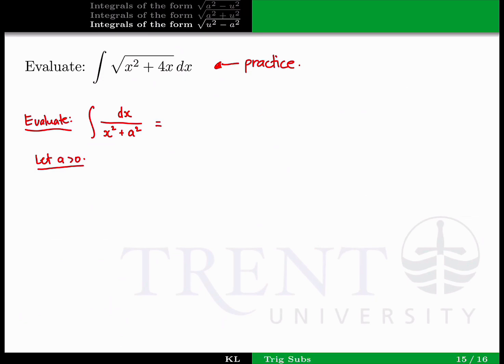So we will have here x is equal to a tangent theta. x squared, this is a squared tangent squared theta, and we will have x squared plus a squared equals a squared tangent squared theta plus a squared, or this becomes a squared secant squared theta.